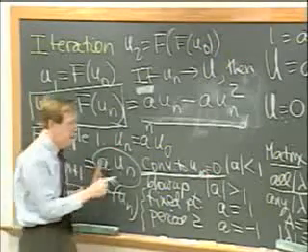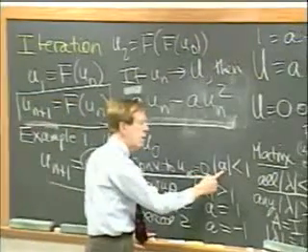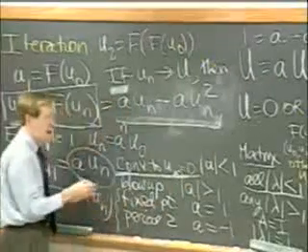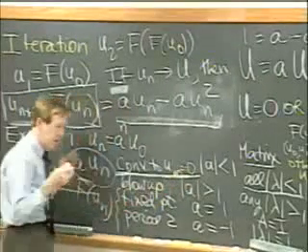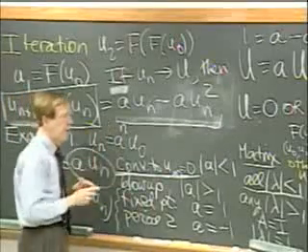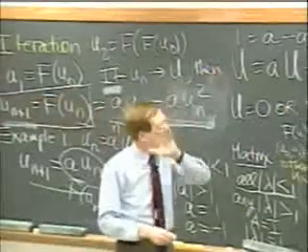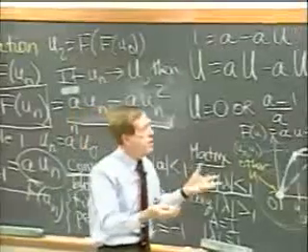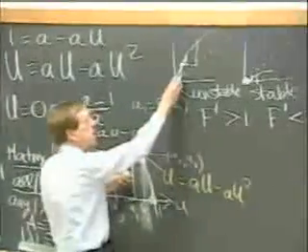So there we saw this same fact, that if the slope was smaller than 1 at the 0 point, it went to it. If the slope was larger than 1, it took off. So that's just what we're seeing here in a picture that's locally the same picture.